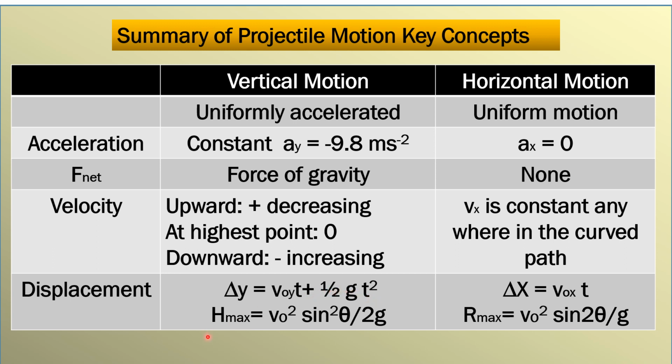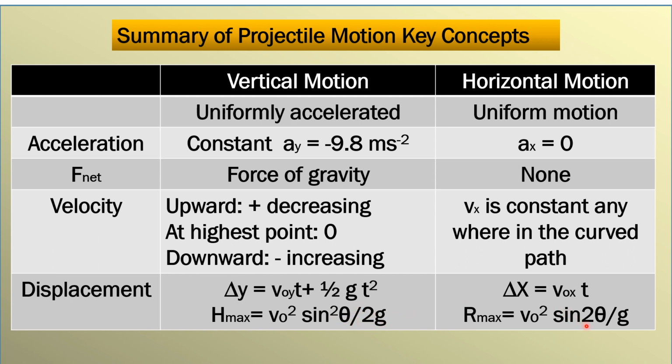Another possible formula that you can use is that of the maximum vertical displacement, or Hmax, which is equal to the square of the initial velocity v naught multiplied by the square of the sine of the angle theta, where theta is the angle that the projectile makes above the horizontal, divided by twice the acceleration due to gravity.